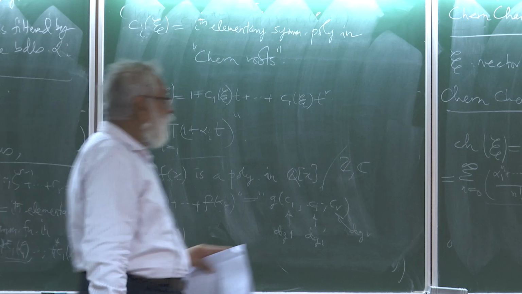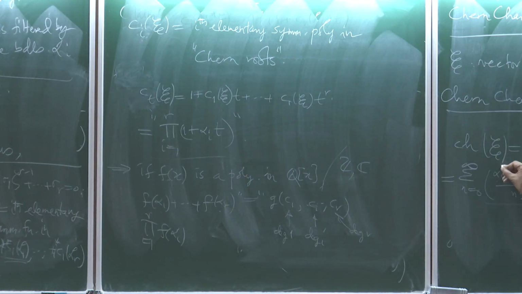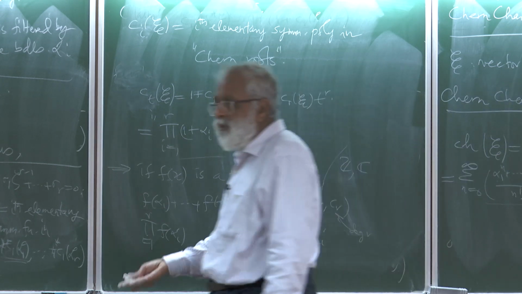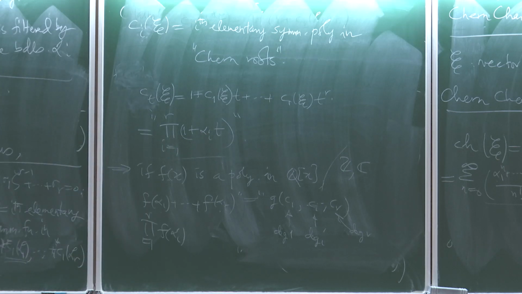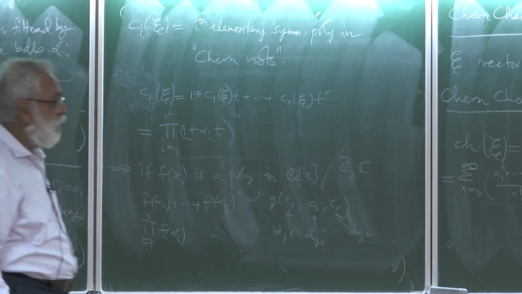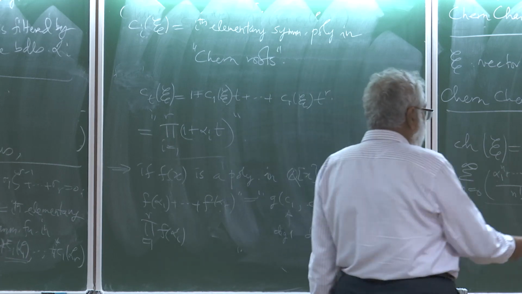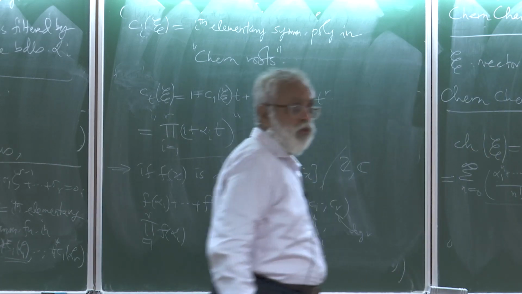So in terms of alpha, if I take this particular polynomial, alpha 1 to the n plus ... plus alpha r to the n for any n, that's certainly a homogeneous symmetric polynomial in the r variables. And this is one of the standard polynomials, the so-called Newton polynomial or whatever they call it. So that is expressible in terms of elementary symmetric functions in some fashion. There are some various inductive rules for these things. In any case, that's the thing which you take in degree n.